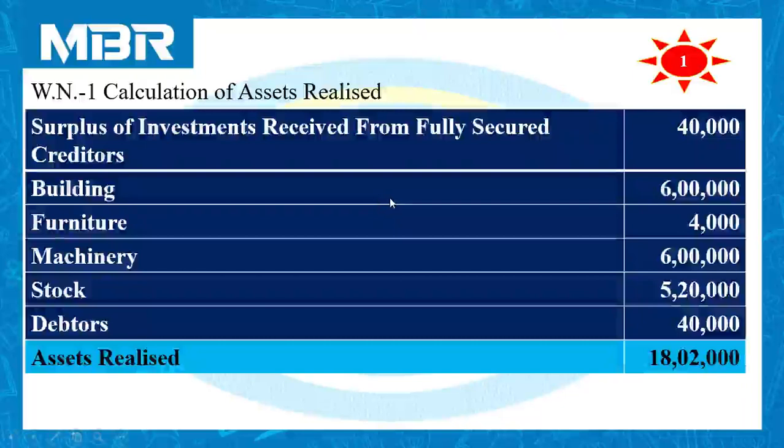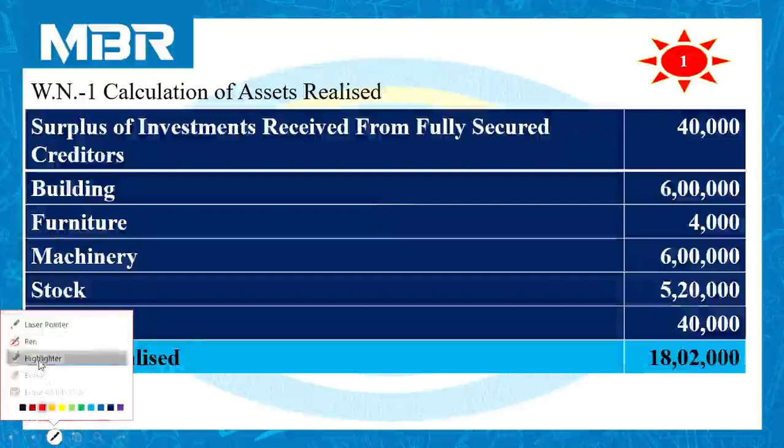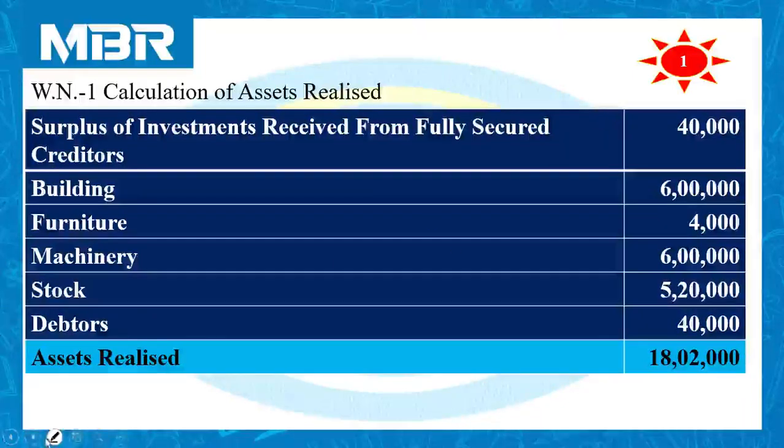First, surplus of investments received from fully secured creditors. Just recall your question. In the first paragraph of your question, it is given that the bank has sold all the investment and rupees 40,000 returned to the liquidator of the company.